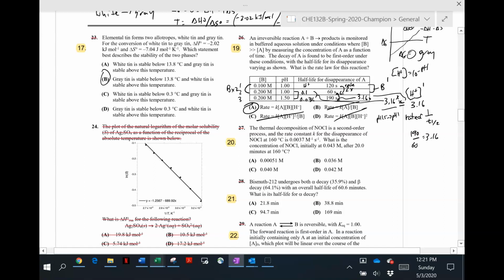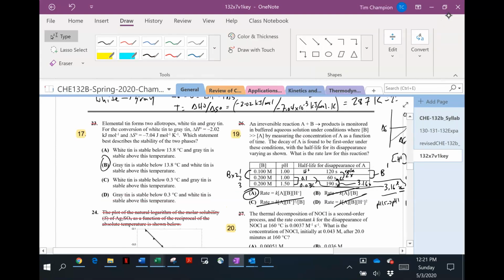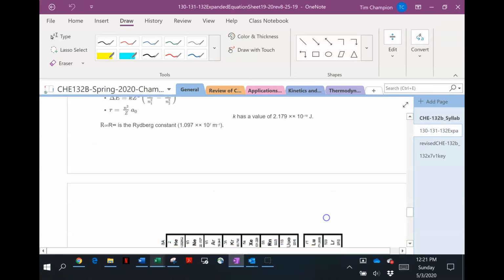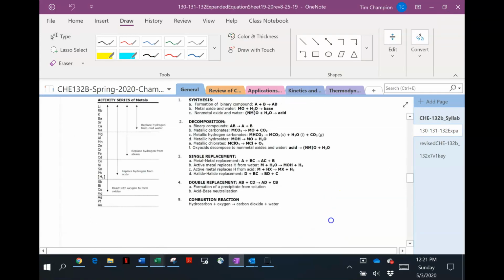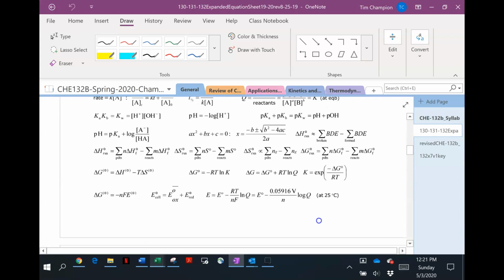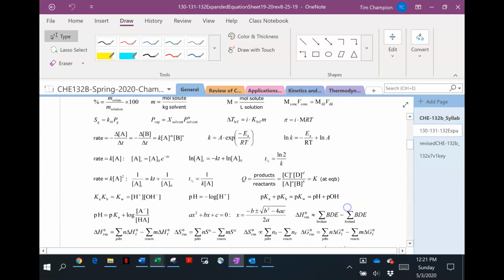So that's probably a good time to hop back and take a look at our formula sheet and find the equation we need for that. Our equation for a second order reaction is going to be this one right here.